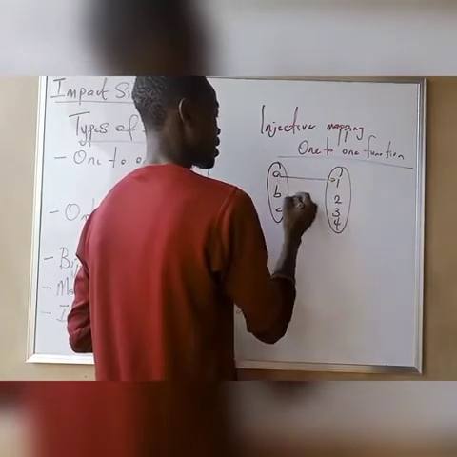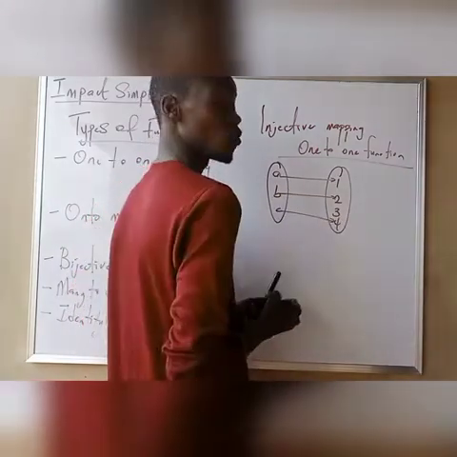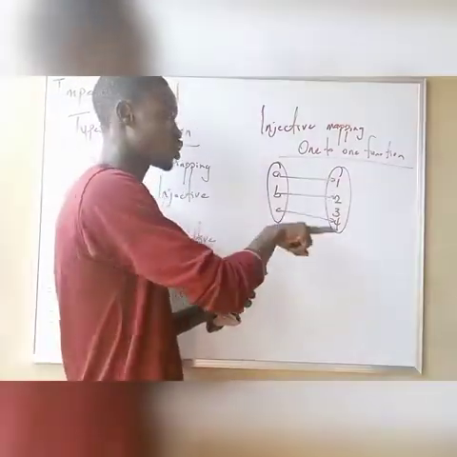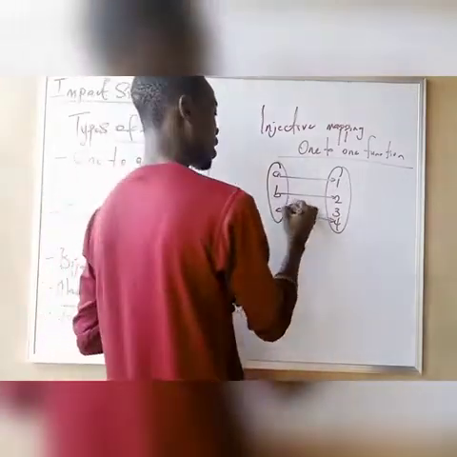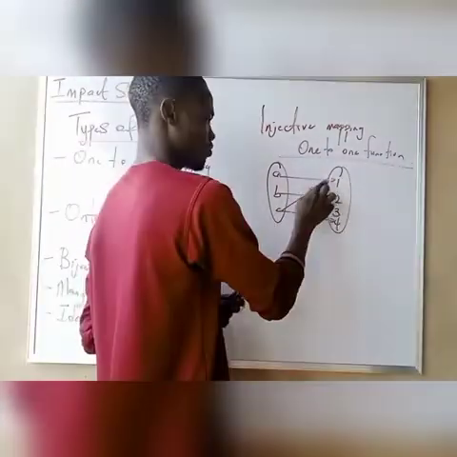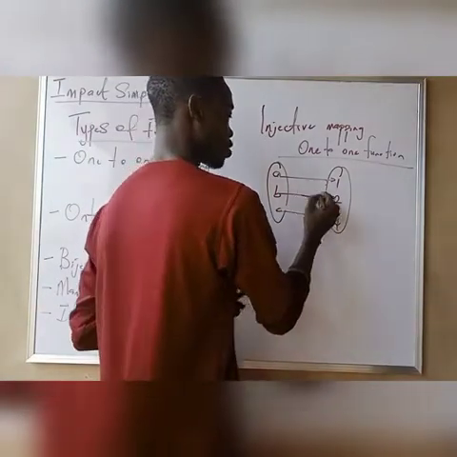That means A is leading to 1, B is leading to 2, C is leading to 4. Can we see it now that it is a one-to-one function and it is not overlapping? So if we are having something like this, that will not make it injective. Do we get that? That is explaining the principle of it must not overlap.